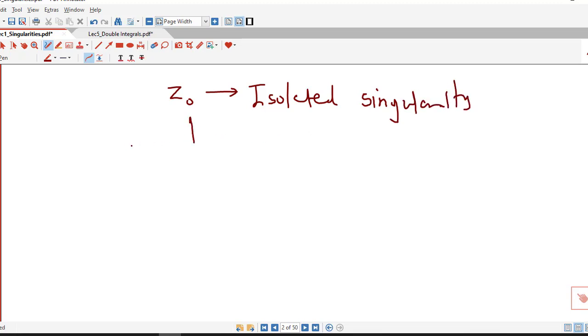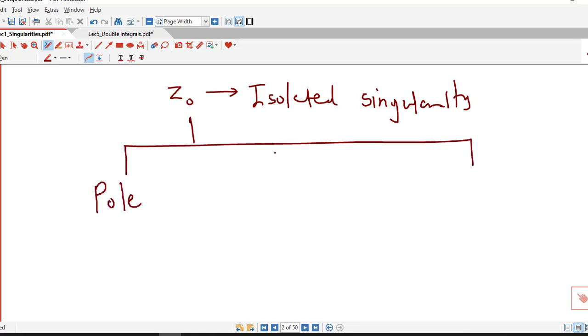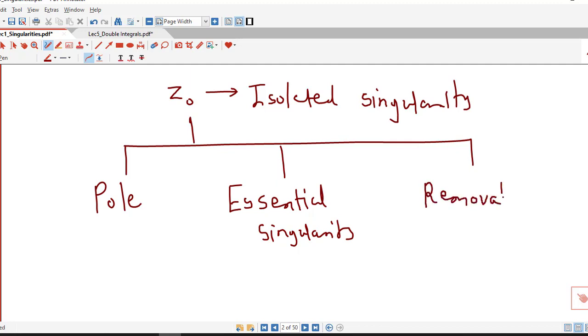So depending on the principal part, we have classified the isolated singularity of f of z into three categories. An isolated singularity may be a pole, or it may be an essential singularity, or it may be a removable singularity.